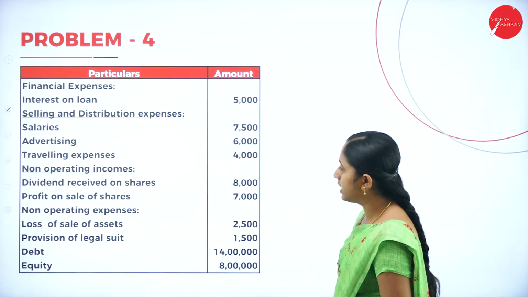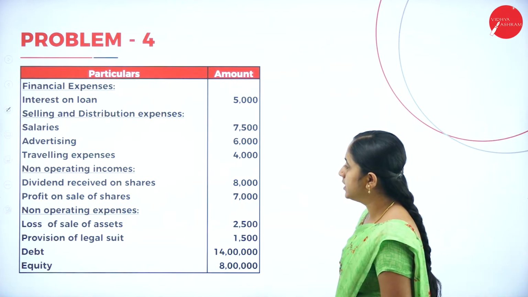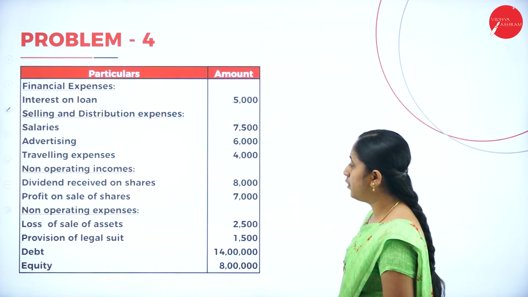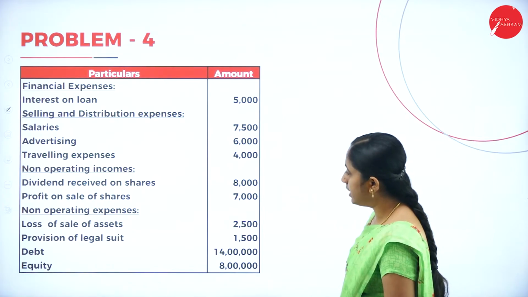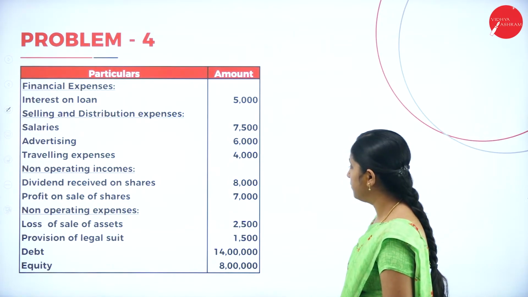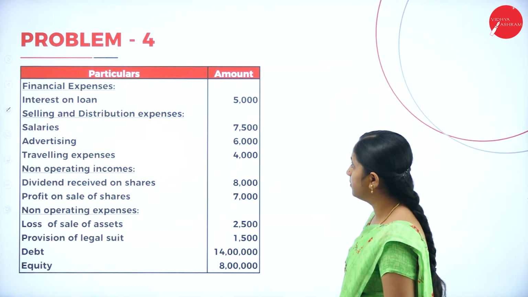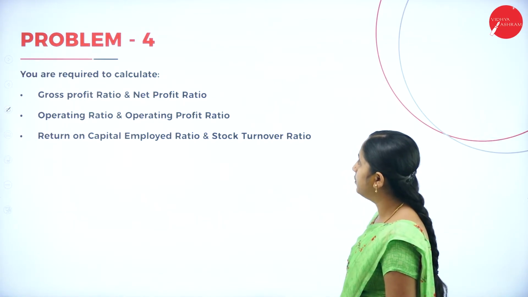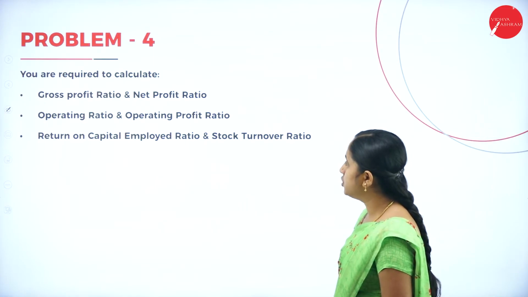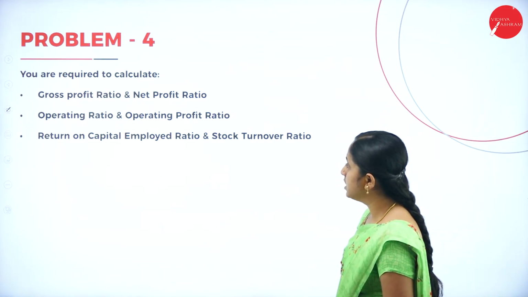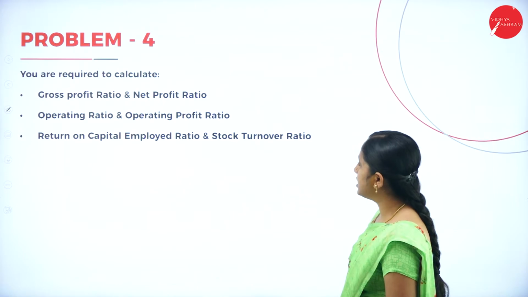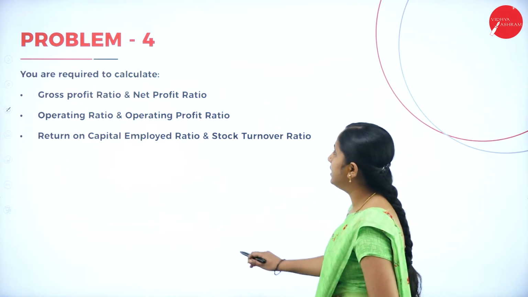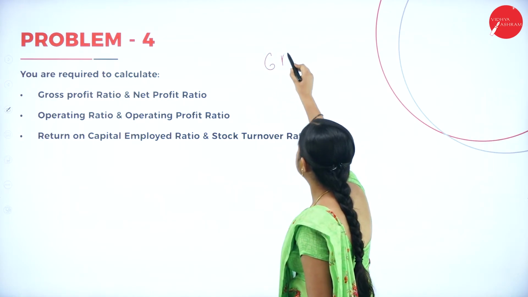Under non-operating expenses, loss on sale of assets 2,500, provision for legal suit 1,500, debt 14 lakh, equity 8 lakh. You are required to calculate gross profit ratio, net profit ratio, operating ratio, operating profit ratio, return on capital employed ratio and stock turnover ratio. In total you need to calculate 6 ratios.